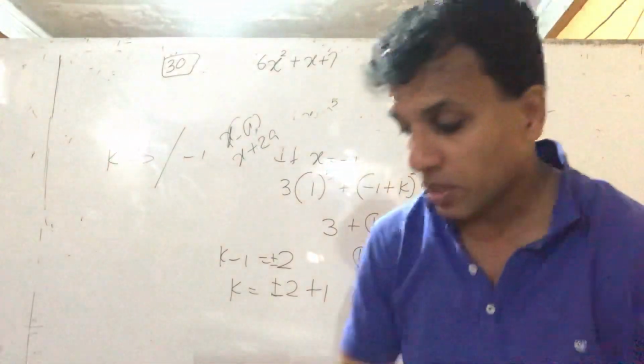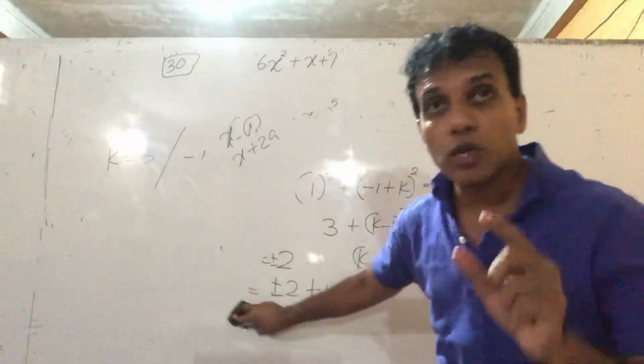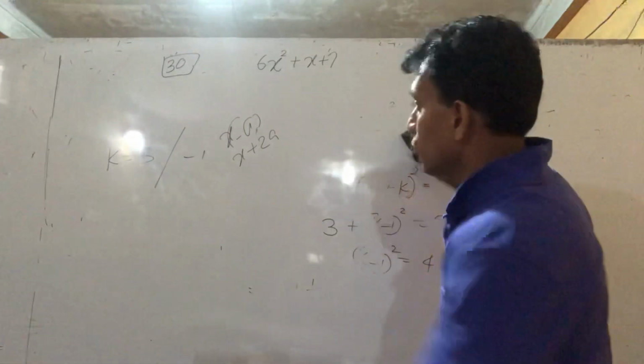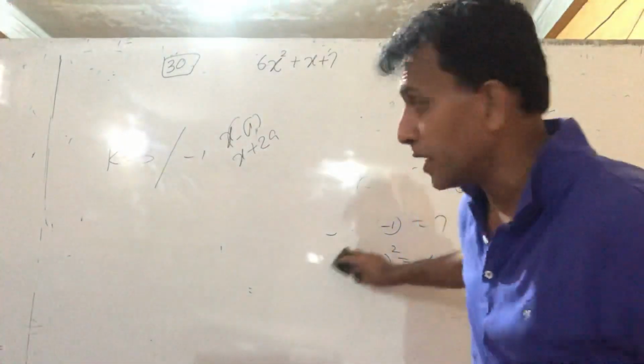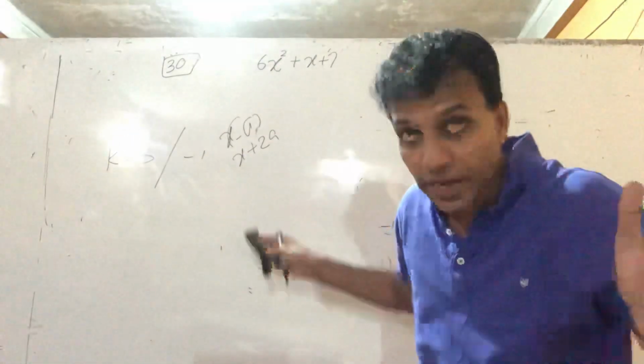This is an important question. It says the given expression gives the same remainder when you divide by x minus a and x plus 2a separately, not together.